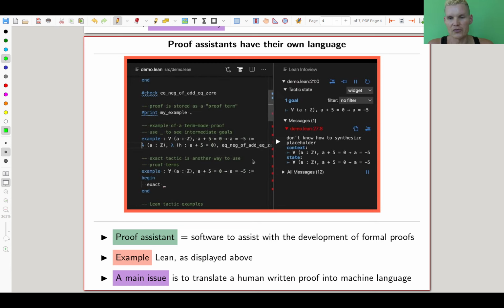These things are supposed to help you with it, and it's still terribly annoying to translate a human written proof into machine language, something the machine can understand. You should think of whatever those proof assistants can understand as a new language. You have human language and you have computer language. So you should be able to use a transformer to just translate between the two.